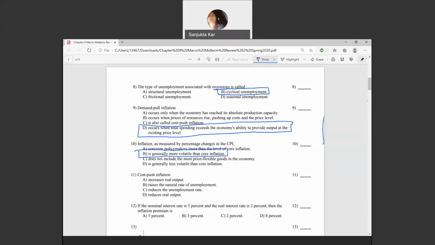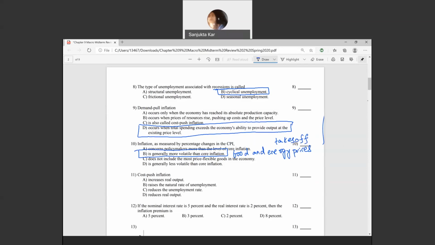That means core inflation takes off prices of food and energy. So these are very much volatile. That means fluctuates a lot. So core inflation is calculated by taking off food and energy prices.